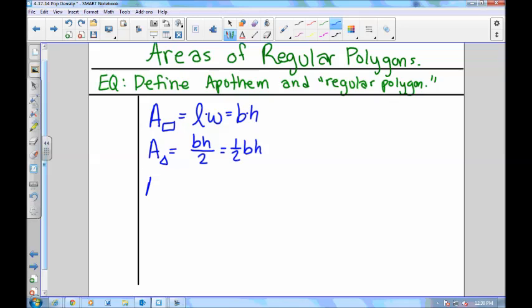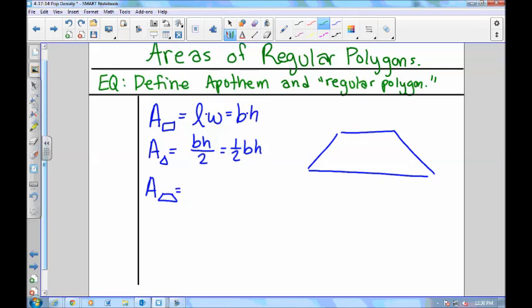Here's one. It's probably been a while. Area of a trapezoid. That's volume. Yep. Okay, let me help you out a little bit. I'm going to draw a picture, and again, I'm going to be erasing this, so you don't have to draw it. Just stay with me.